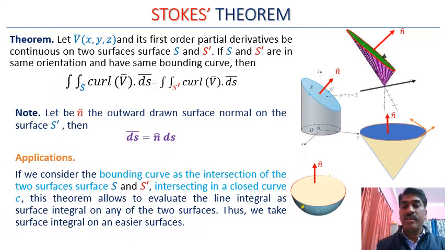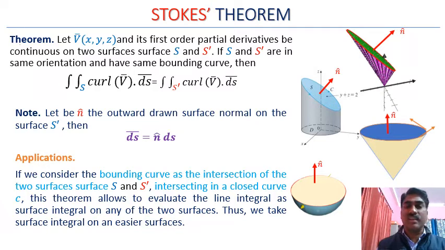So the line integral of a function on this bounding red circle is equivalent to integrating the curl on the yellow surface, and it is easier to evaluate on the yellow plane. More precisely, you will get these things when we take questions.